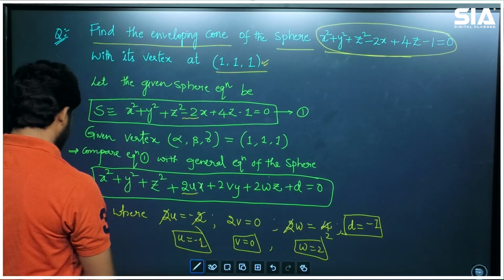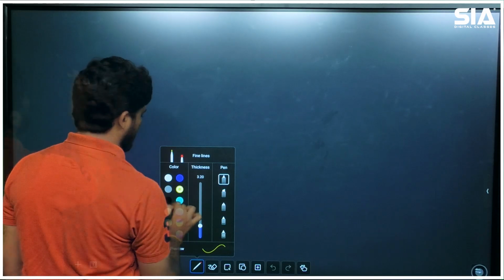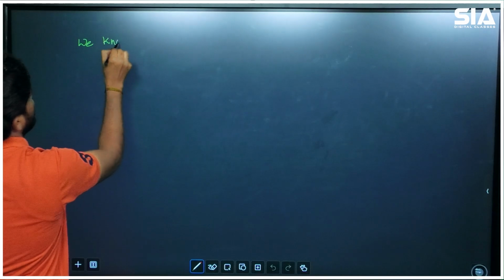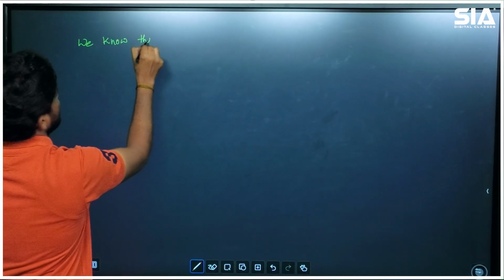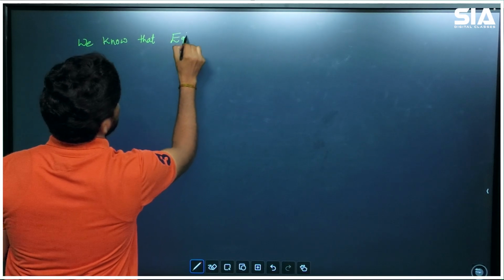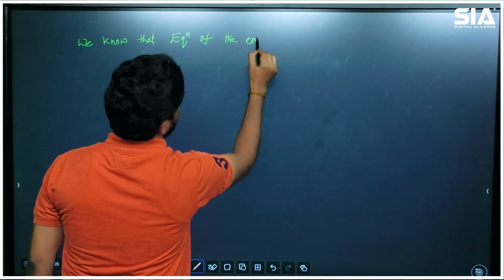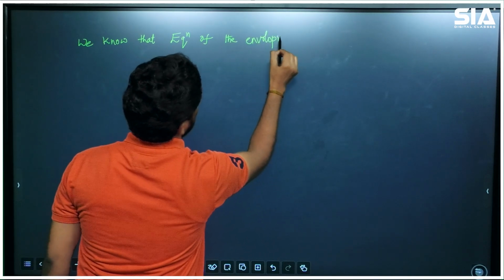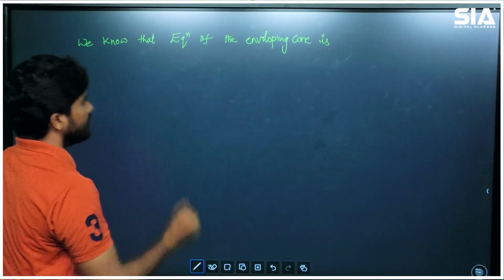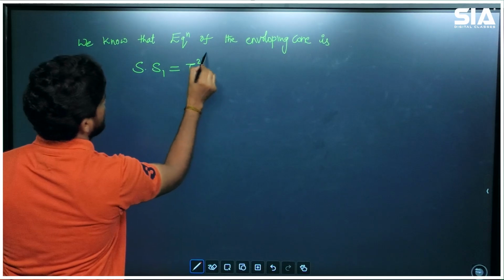Now next, you can see what they are asking: find the enveloping cone equation. We know that the equation of the enveloping cone is S into S suffix 1 equal to capital T square.